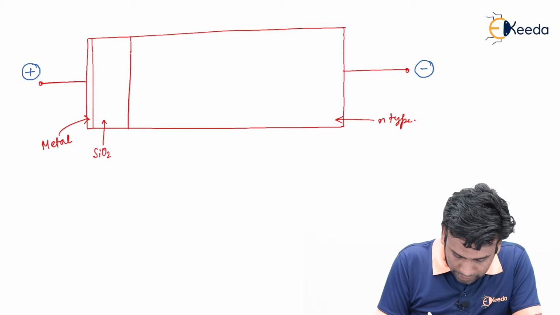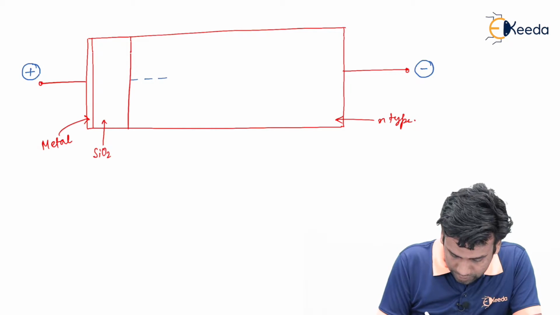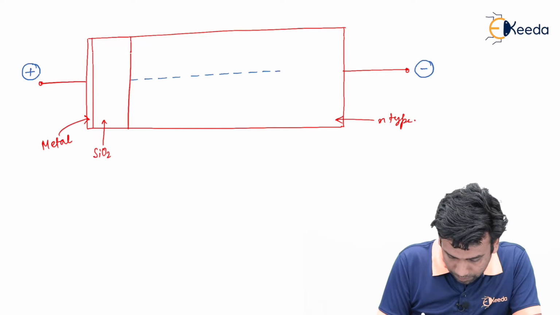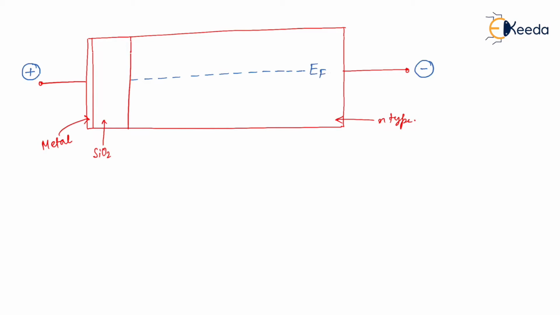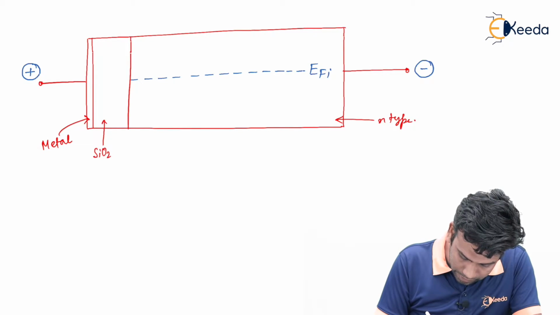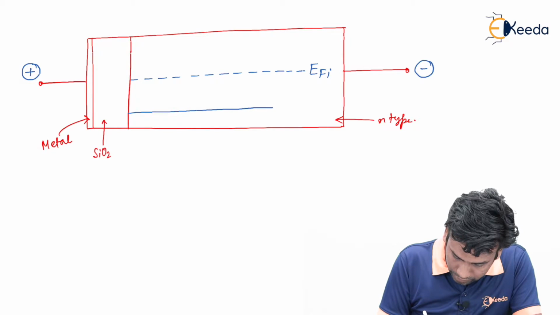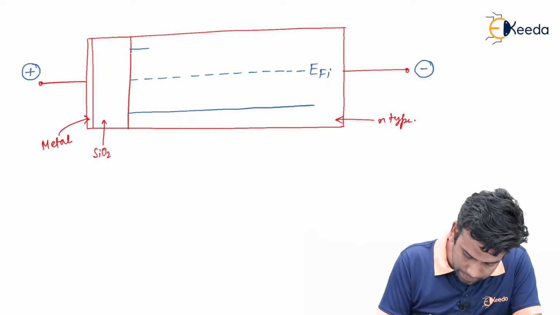There was the EFI just at the middle of the band gap, and there were the conduction and valence bands in this manner.